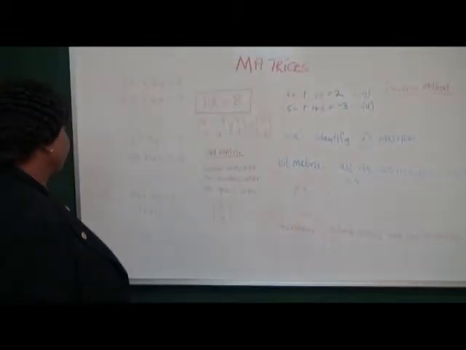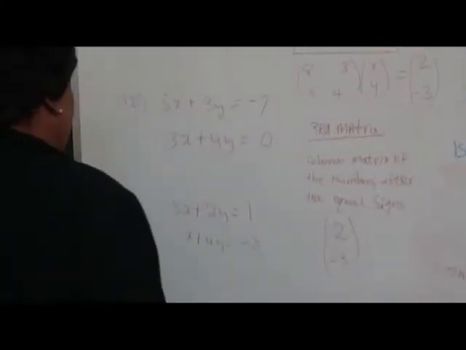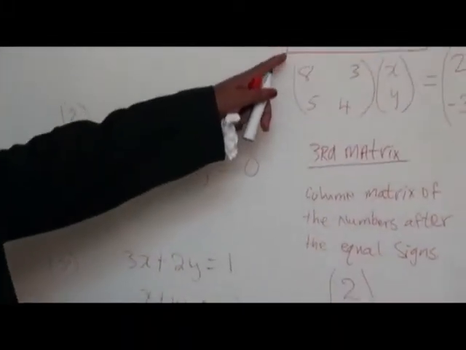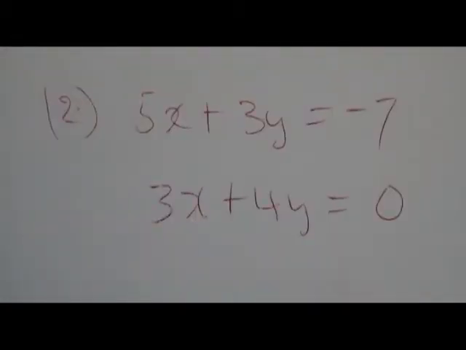I have several equations here on the board, and I'm going to call them quickly because I'm sending you home to see if you can do this. Spend the night writing it in this form.